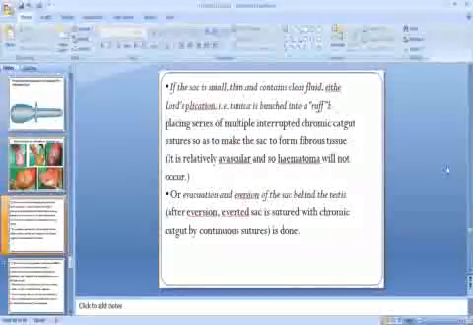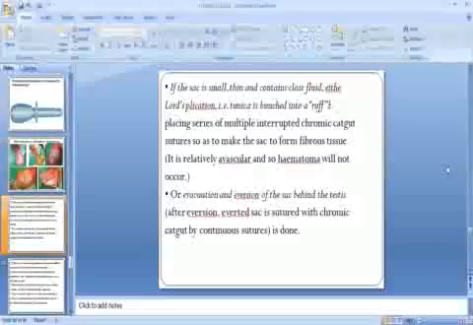If the sac is small, thin, and contains clear fluid, either Lord's plication is done, that is, the tunica is plicated into a rough, replacing series of multiple interrupted chromic catgut sutures, so as to make the sac form high pressure. It is relatively avascular and so hematoma will not occur. Or evacuation and eversion of the sac behind the testes is done.